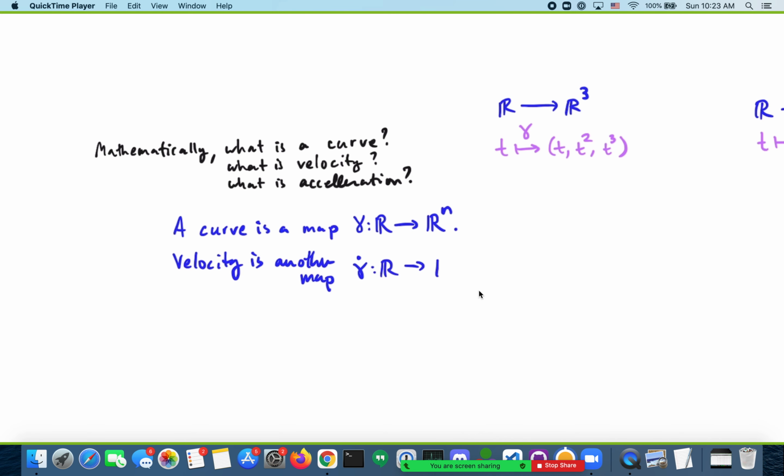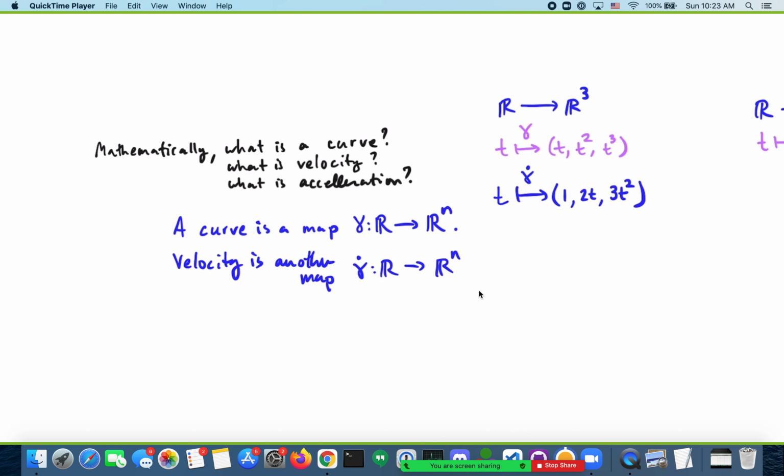And it's again just another map. Because what we do is we produce another map setting t to the derivative in each component. So all I did was treat each component, each dimension, separately, and take the derivative of each. And this gives a new map. So we could literally think of this as a new curve.